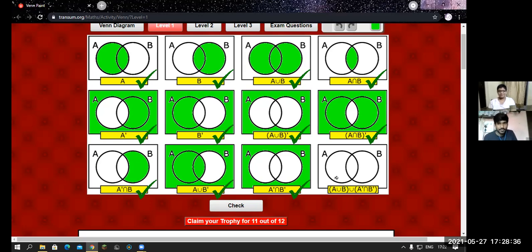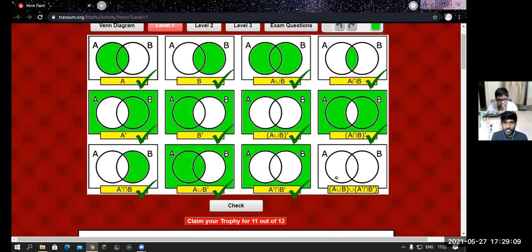This last one is a little tricky. A union B will be that, and it will be union with A complement intersection B complement. Look at the previous two and you'll get the answer.